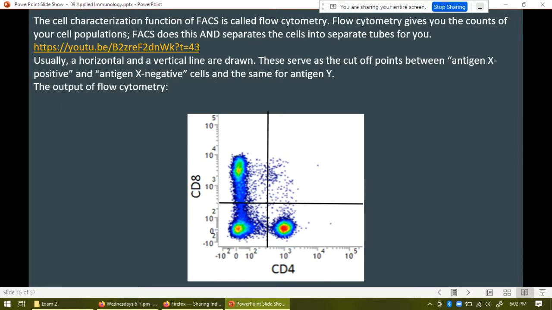So FACS uses flow cytometry information to sort your cells into, for example, CD8 positives, CD4 positives, and double negative cells. That would be a FACS. This output here is a flow cytometry output, though. Flow cytometry is the more visual or graphic application, just the counting. FACS is the actual cell sorting ability.